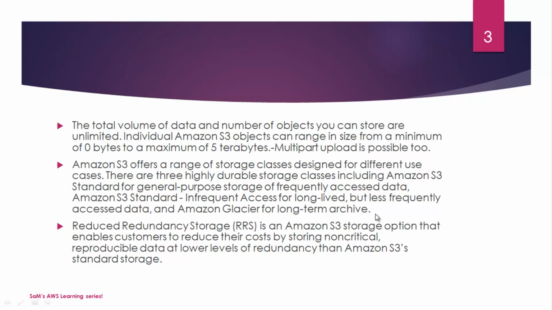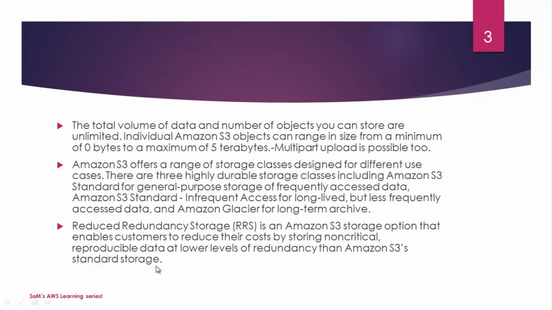So these are the 3 standard storage class offerings from S3. And Reduced Redundancy Storage, RRS, that's the final one, is an Amazon S3 storage option that enables customers to reduce their cost by storing non-critical reproducible data at lower levels of redundancy than Amazon S3's standard storage.